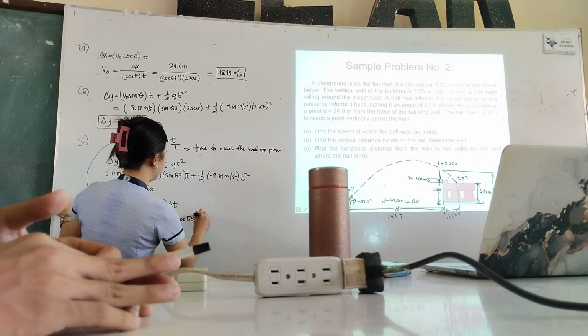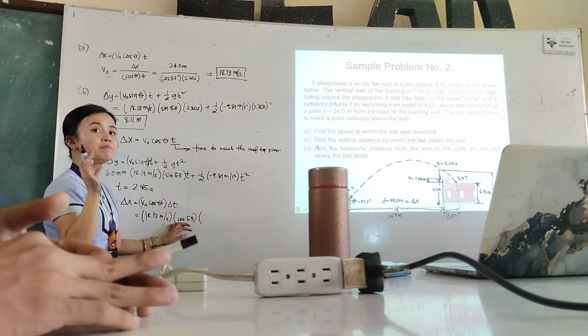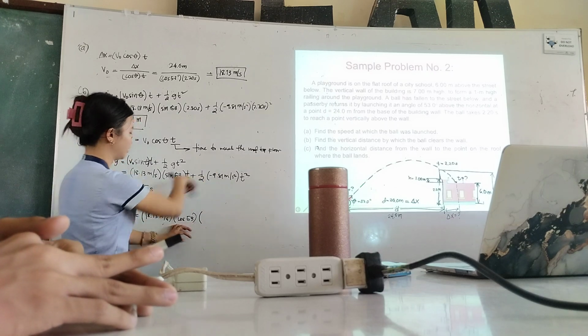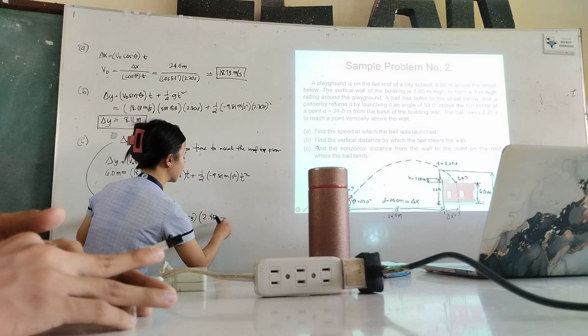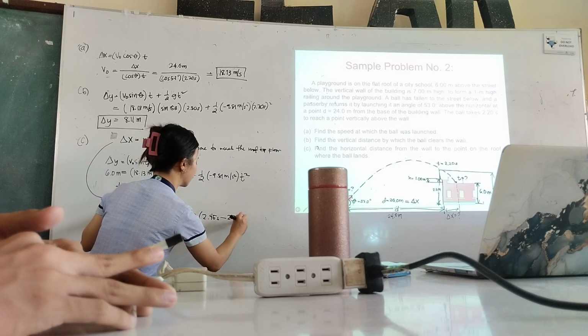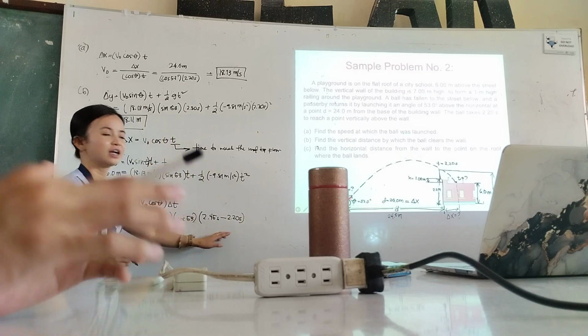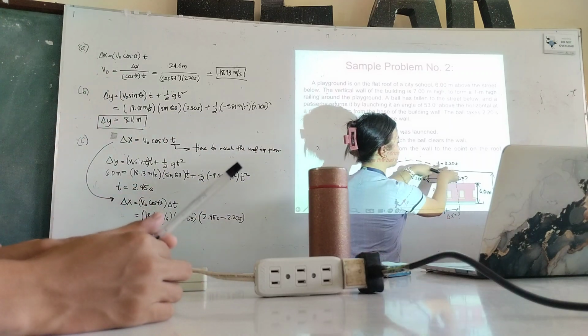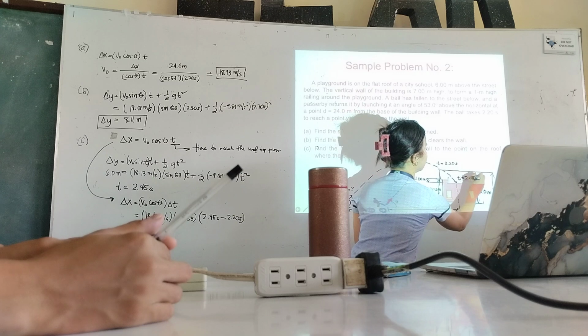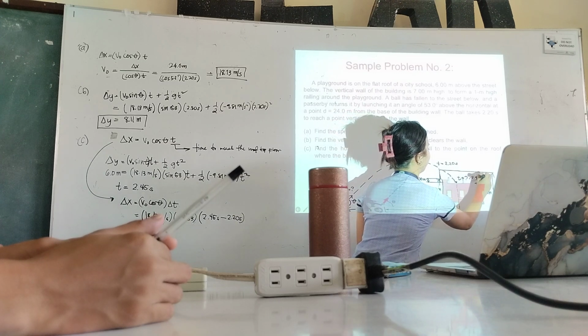Delta t is the final time, 2.45, minus 2.20, so delta t here is 2.85 seconds.